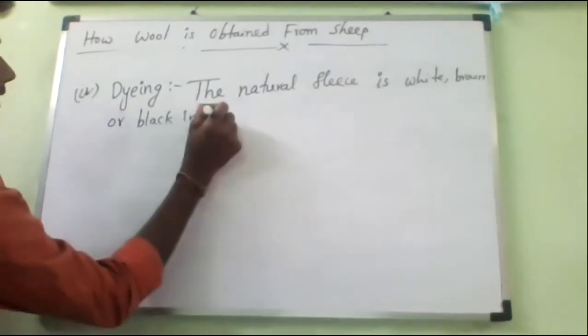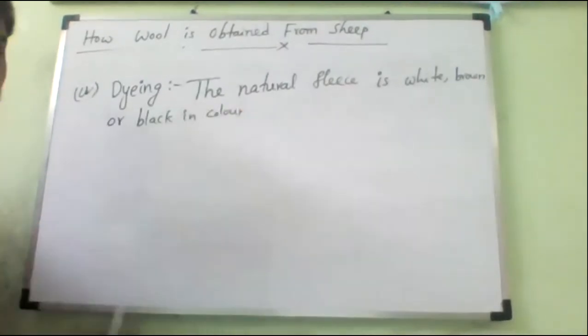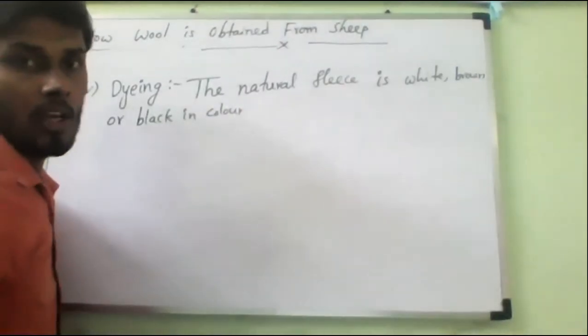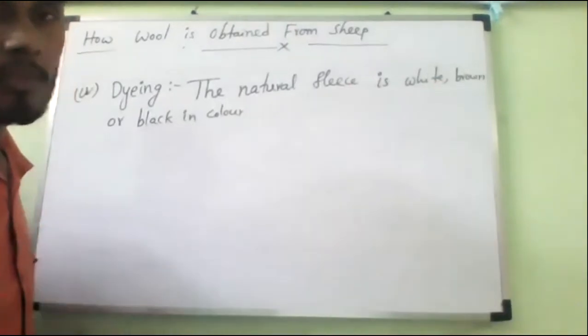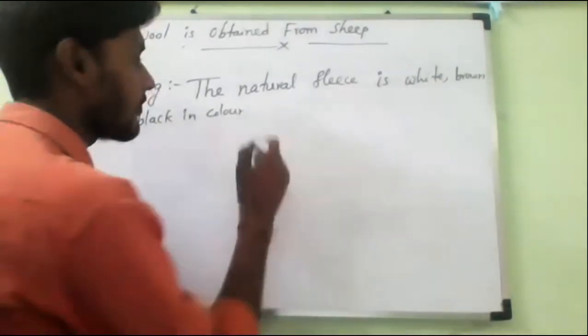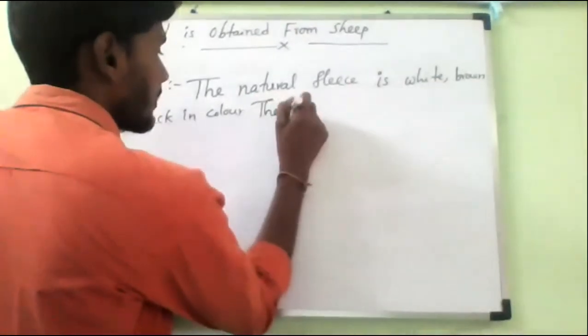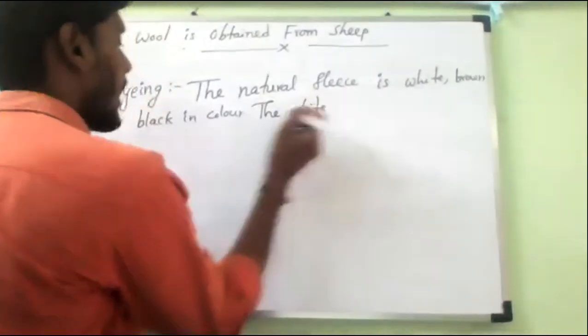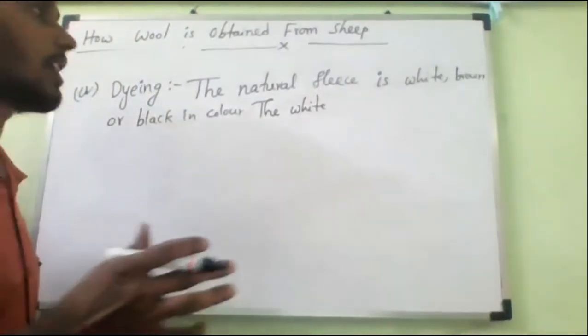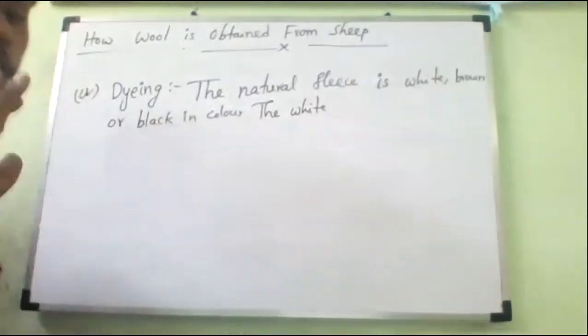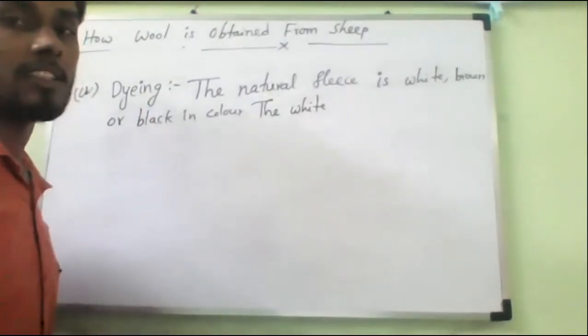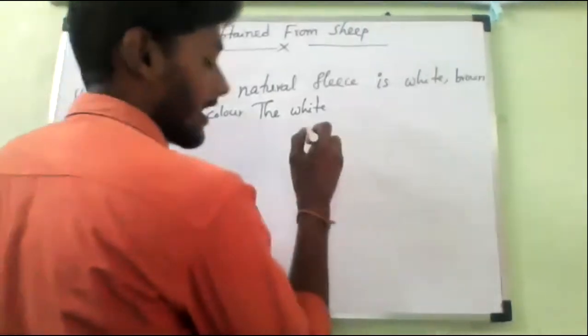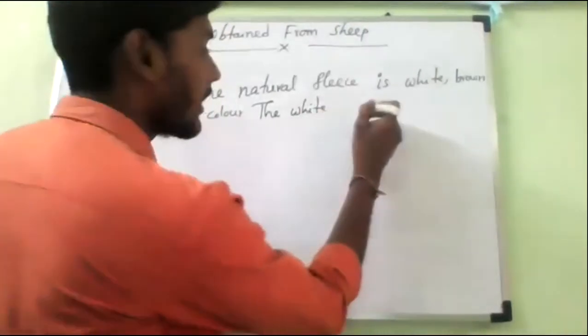Now, suppose brown is already there, we don't need to add brown color. Black is already there. Only the white one, we can give any other color. Is it yes or no? Yes, sir.